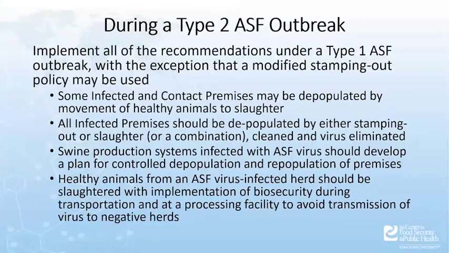Some swine production systems, if they become infected with ASF virus, should develop a plan for controlled depopulation and repopulation of the premises within their system. And that would have to be approved by the responsible regulatory officials. Healthy animals from an ASF virus infected herd should be slaughtered with implementation of biosecurity during transportation and at the processing facility to avoid transmission of virus to negative herds.